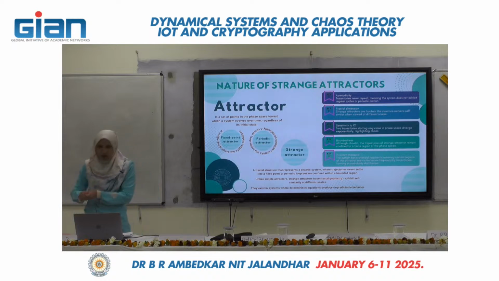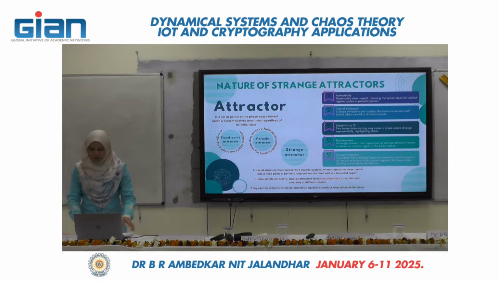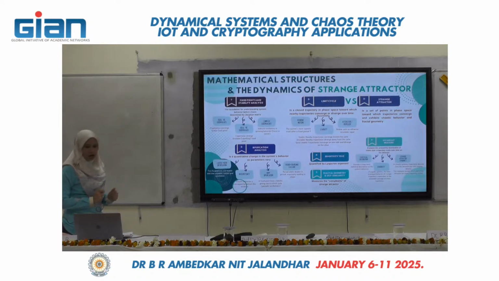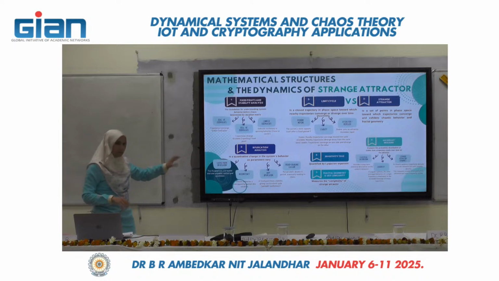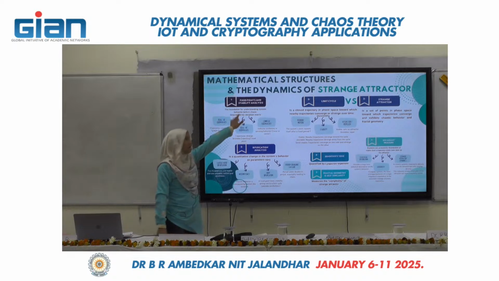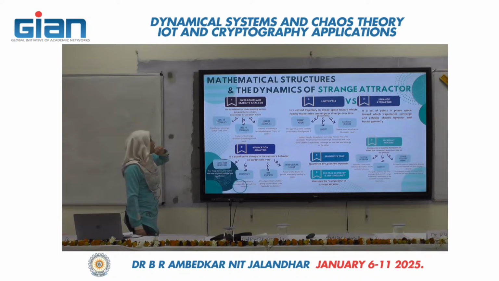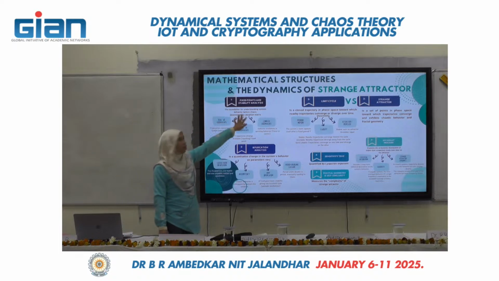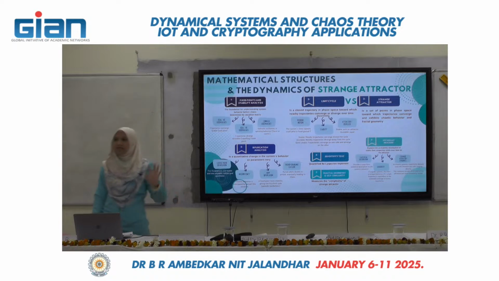So let's go to the mathematical structures and dynamics of chaos theory, the chaos equations. Before we go to the example, we go through the key points that we need to check. The first is the fixed point and stability analysis. This is the foundation for understanding system behavior before chaos, so this is very important.